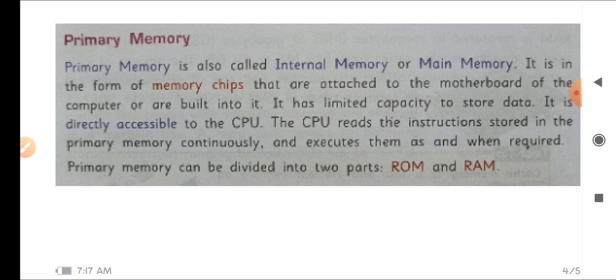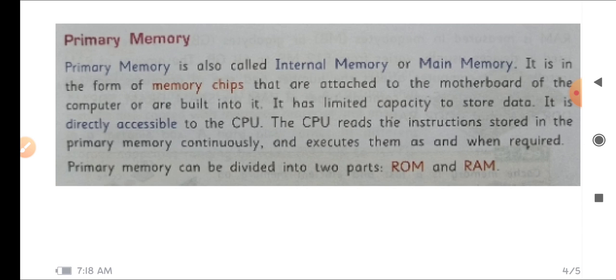Whatever data and instructions we give to the computer, it reads them continuously from the primary memory. So whenever we require the instructions or data which we have stored, the CPU can read it and even execute them.